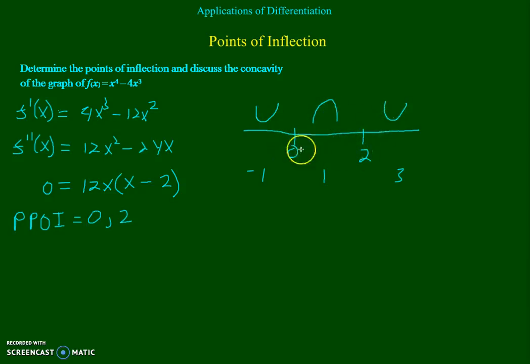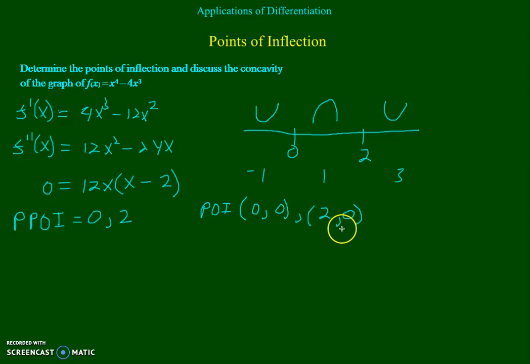So these are points of inflection. So our points of inflection are (0, 0), because when we put a 0 into the original function, we get 0, and (2, 0).